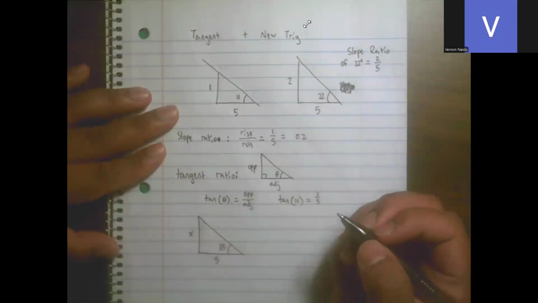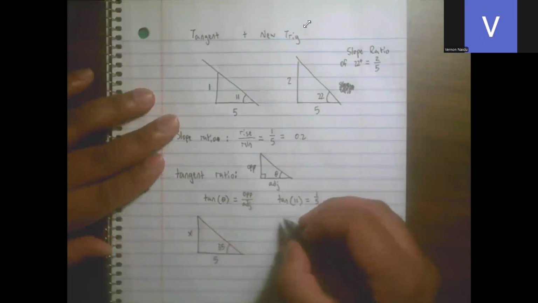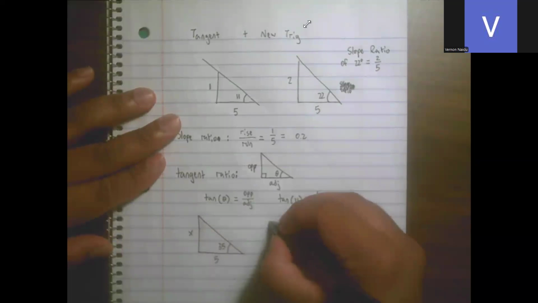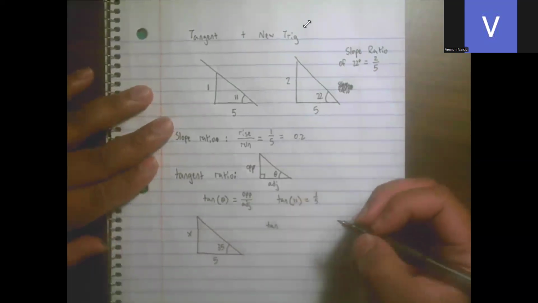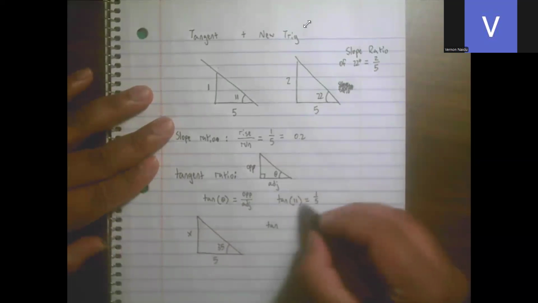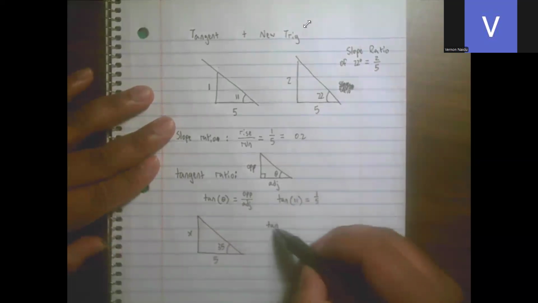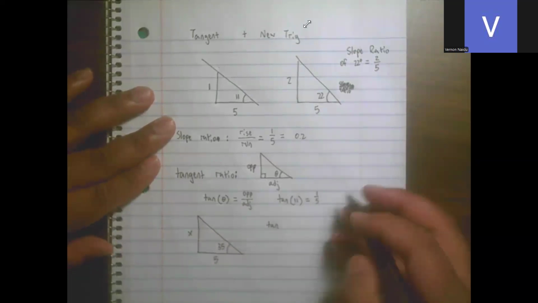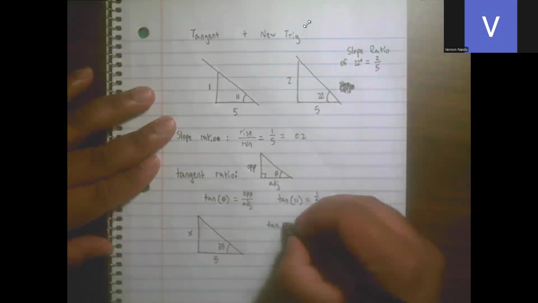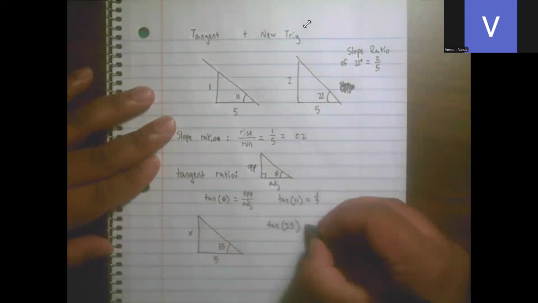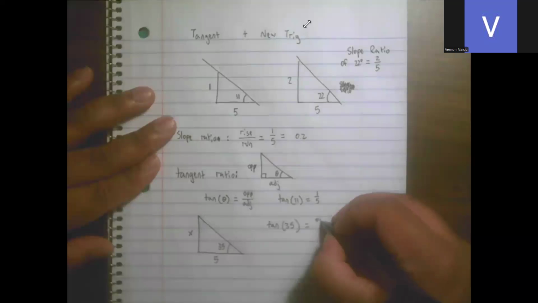So when we started using the tangent function, we would set up the equation because we're setting up the same ratio, except now this tangent function is calculating the value that's already given for each angle. So if we take the tangent of 35, that's going to be equal to the opposite side divided by the adjacent side.